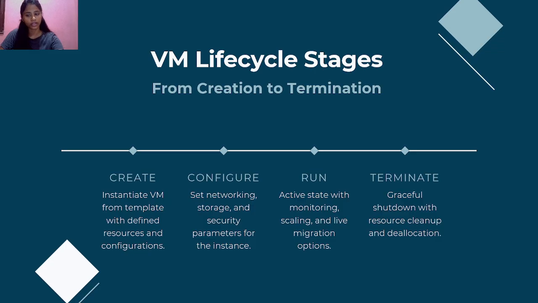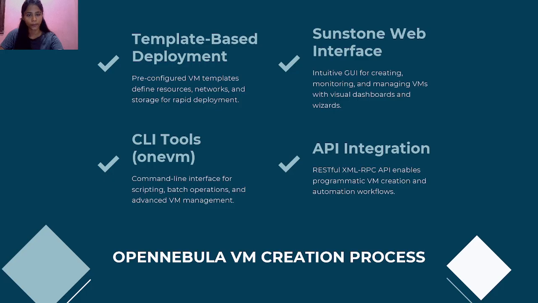Terminate is graceful shutdown with resource cleanup and deallocation. Here, template-based deployment, Sunstone web interface, and CLI tools and API integrations are included. This includes the OpenNebula VM creation process.